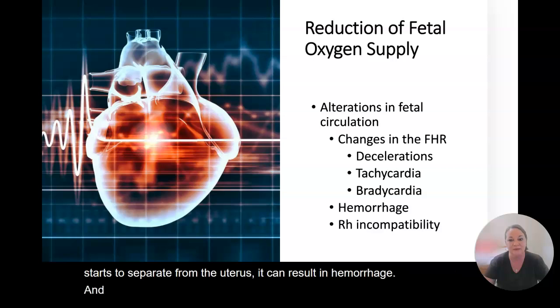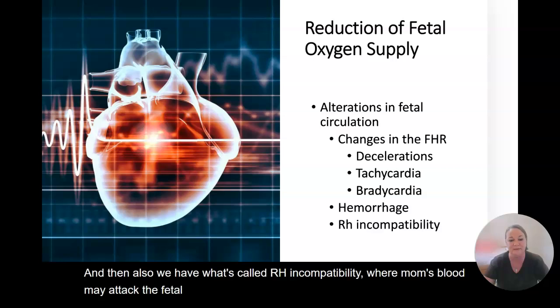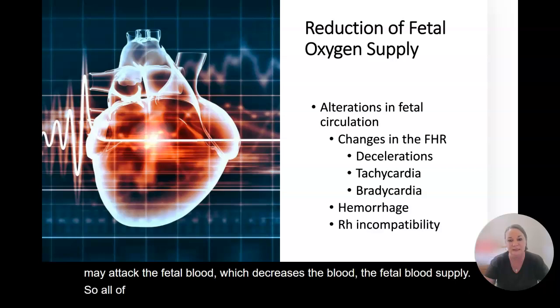And then also we have what's called RH incompatibility, where mom's blood may attack the fetal blood, which decreases the fetal blood supply. So all of those reasons can reduce fetal oxygen supply.